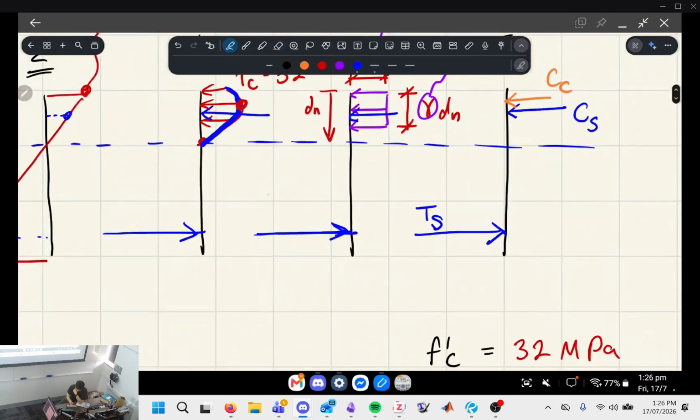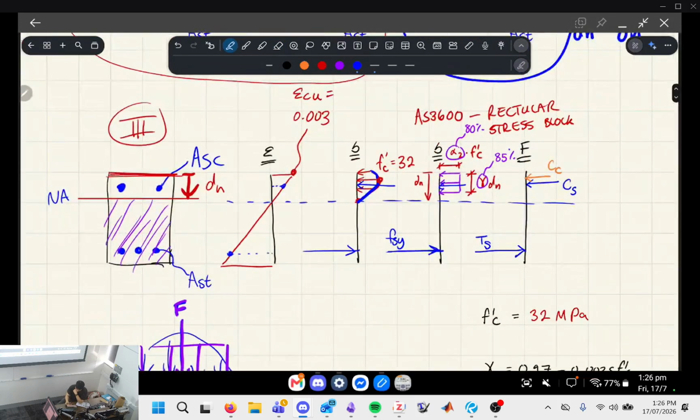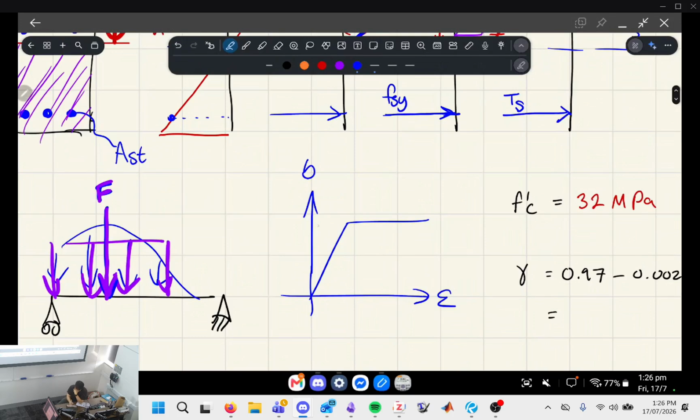So the idea is the stress in the steel for tension, we're going to assume it's yielded. If I draw a material curve for steel, it looks something like this, right? Pretend this represents tension and compression. Steel has the same properties, for the purposes of what we're doing, in tension and compression.